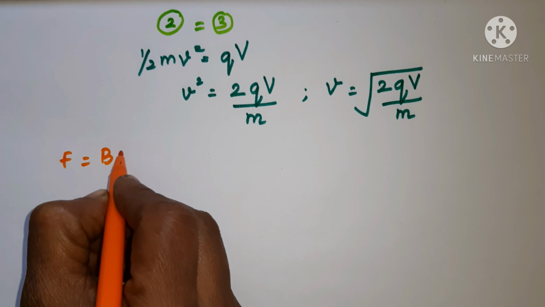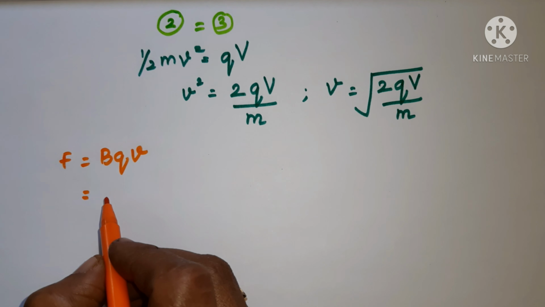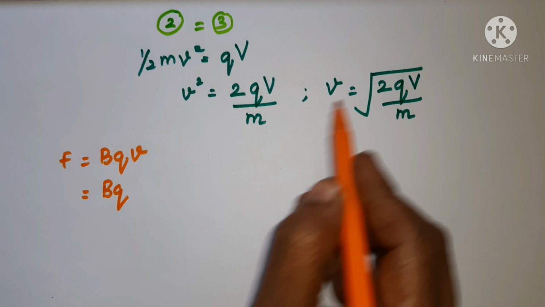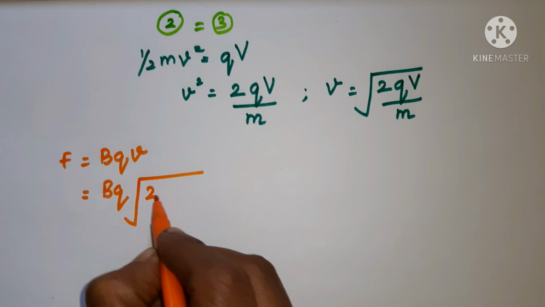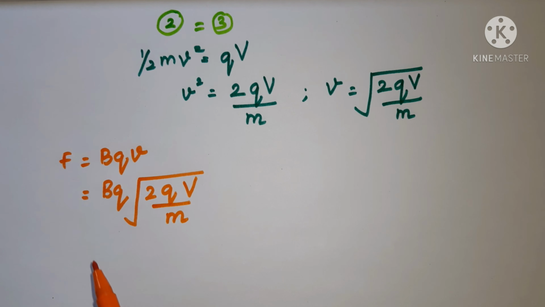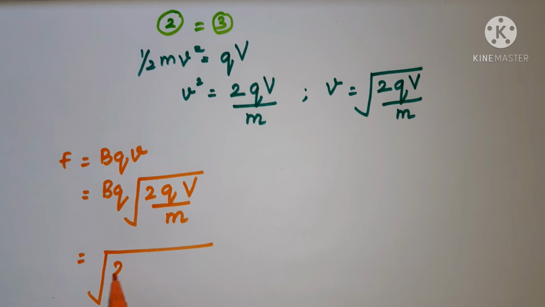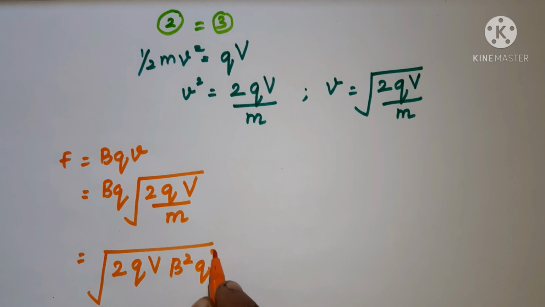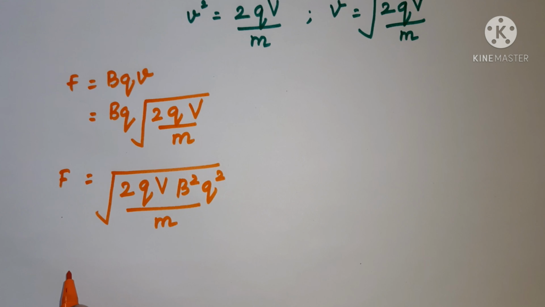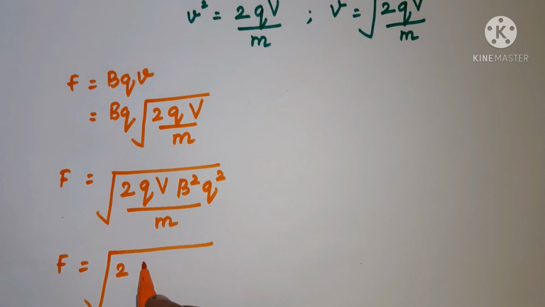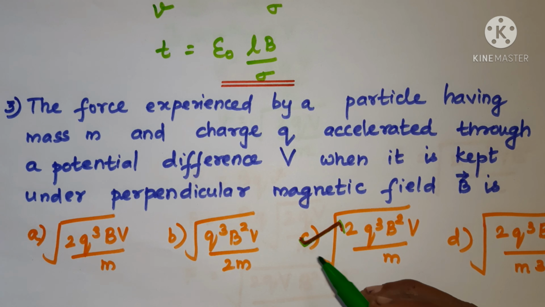Actually, we need to find the force due to the magnetic field. We have F is equal to BQV, which will be equal to BQ, and we substitute the value of V here, which is square root of 2QV divided by M. Now we bring this BQ inside the square root, which is B square Q square divided by M. Thus the force due to the magnetic field F is equal to square root of 2Q cube V B square divided by M. So option C is the correct one.